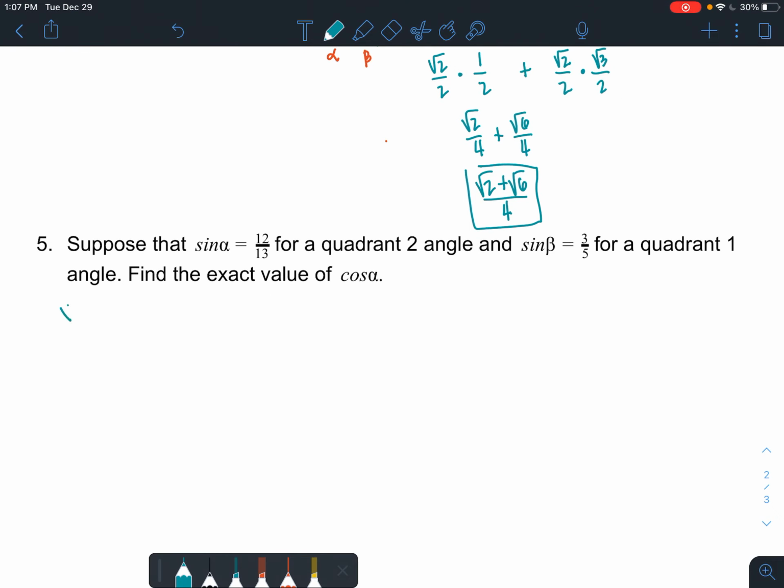Okay, this last one here is more of a help on setting up for future problems.